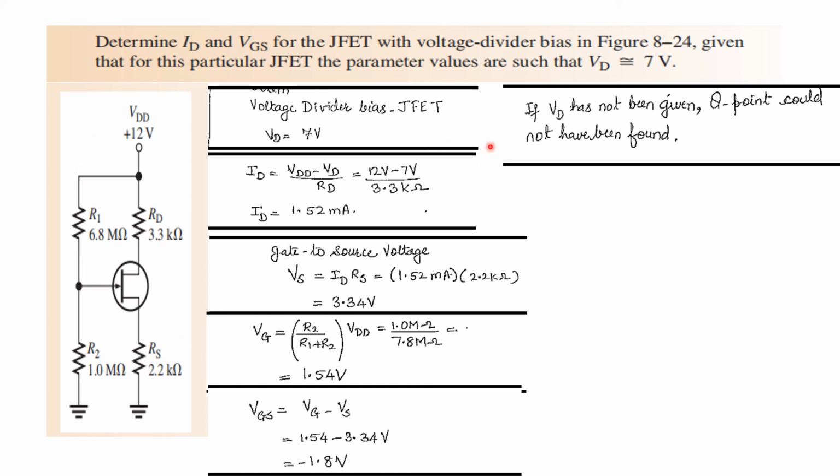Suppose the drain voltage Vd had not been given, it would not have been possible to set the operating point. That means we wouldn't have been able to identify whether the given biasing circuit is in a stable mode of operation, that is linear region, or in a non-linear region.